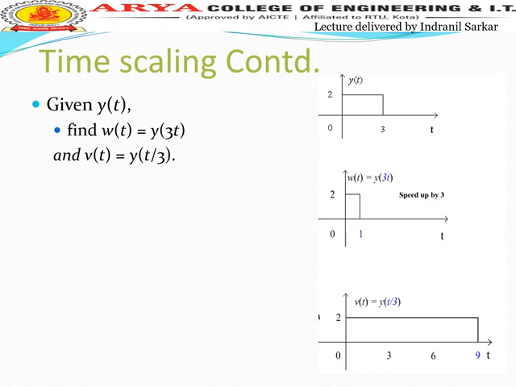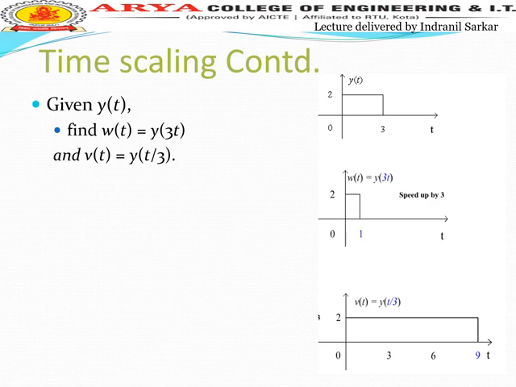Now in v(t) is equal to y(t/3), t is represented over here as t by 3. That means the signal should be expanded. Here we see that the signal is 0 to 3. When we are using t by 3, the signal is expanded 3 times. That means 3, 6, 9.